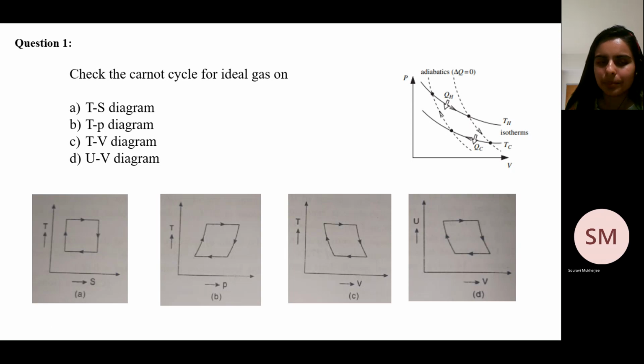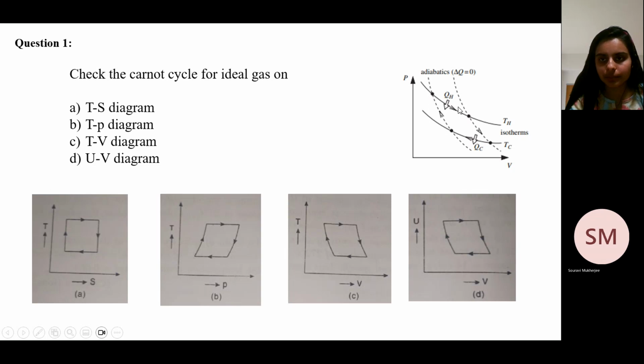So I had just chosen some particular questions just for you to recall what we were trying to do. If you look at the Carnot cycle, here you have this plot of pressure versus volume, okay? But similarly, you can have TS diagrams, TP diagrams, and how you get to that is by remembering what kind of process each of these lines signify, right?